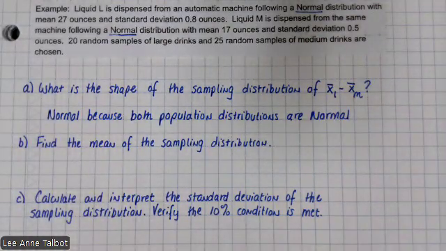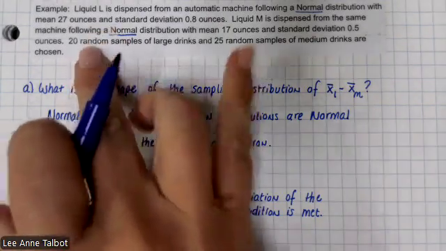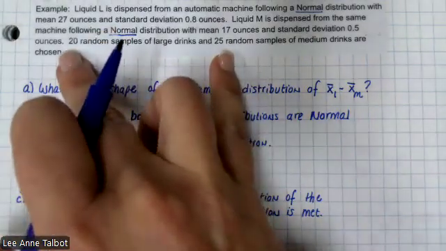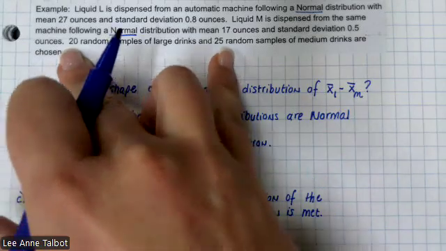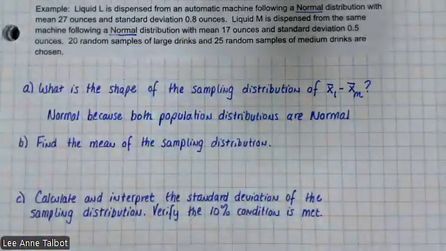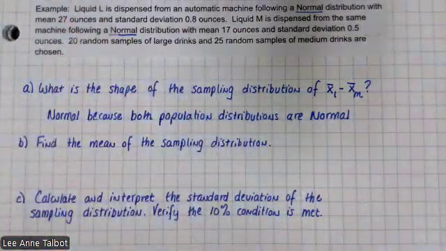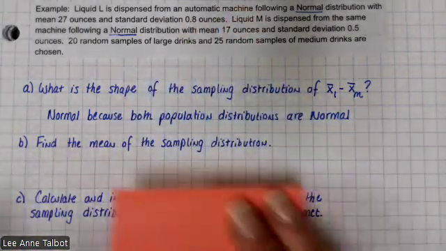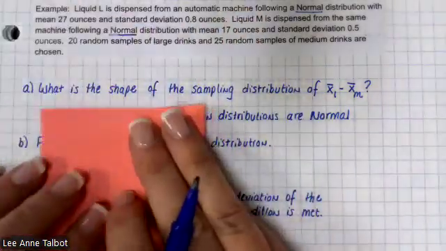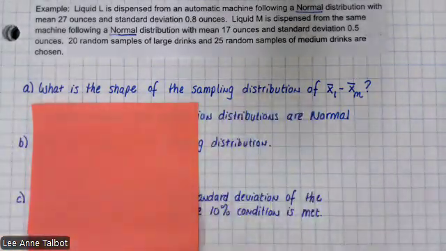Now let's pretend real quick. Do you guys see that the sample sizes are too small to satisfy the central limit theorem? Well, let's pretend that this one said 30 and this one said 35, and let's pretend it didn't say normal, like if it was a different question.